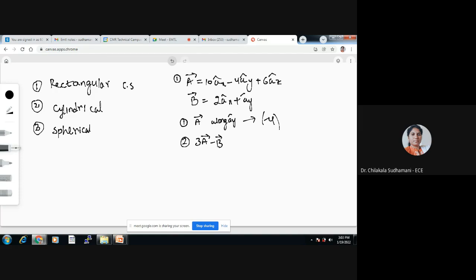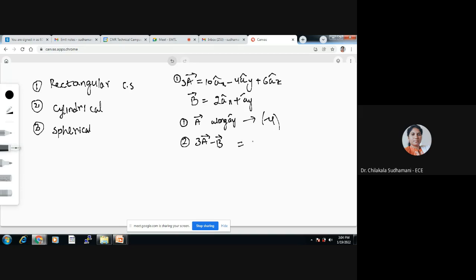Then subtract B bar from it. So what answer do you get after subtraction?